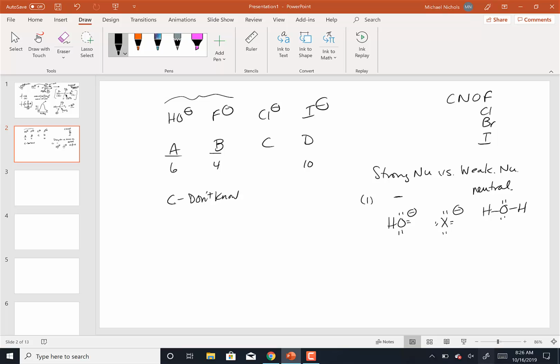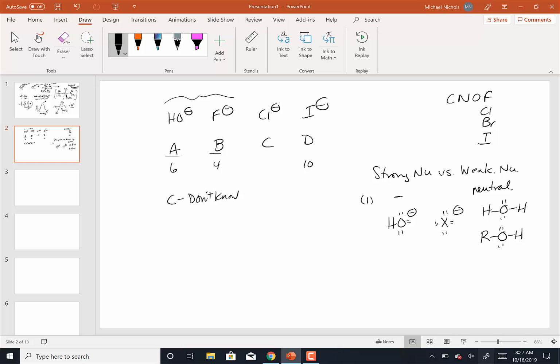And what we're going to find this year is that anytime you have HOH, for the most part, alcohols, ROHs, do the same thing. So this alcohol is also a weak nucleophile. It has lone pairs that make it rich, but it doesn't have a negative charge. So that's rule number 1: strong, negative charge; weak, neutral.